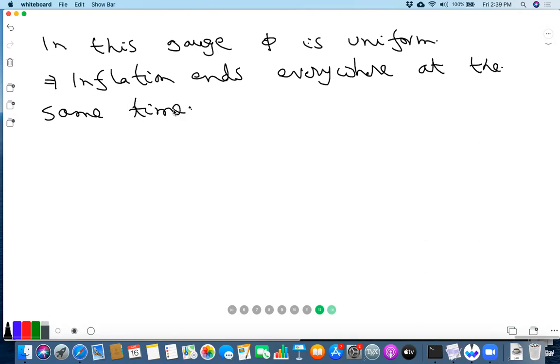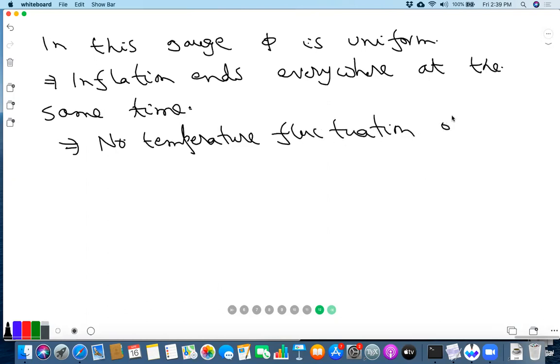Okay, that's what I mean by choosing a particular gauge: that we define time so that the inflation ends at the same time everywhere. So this means that there is no temperature fluctuation of the kind that you saw. But the metric fluctuates.